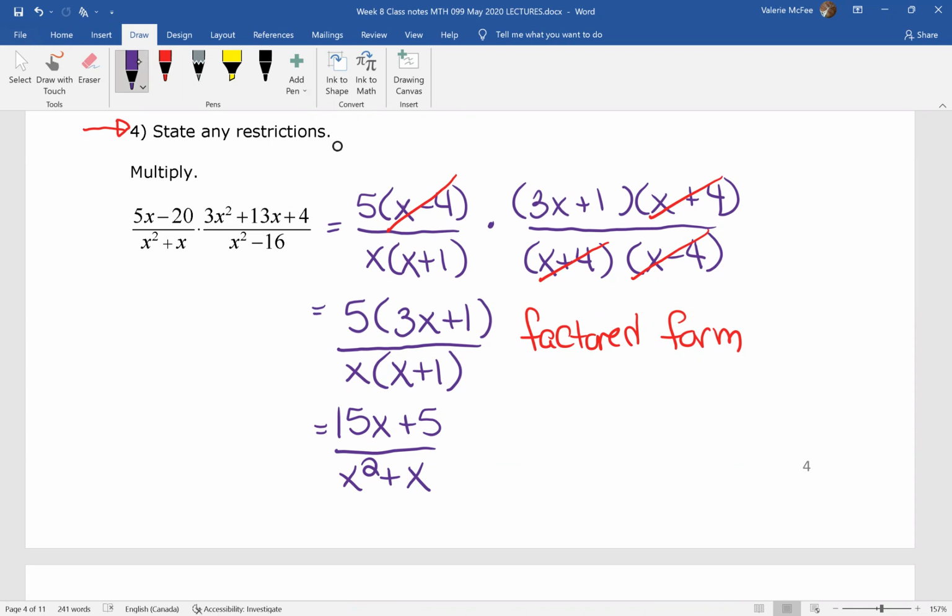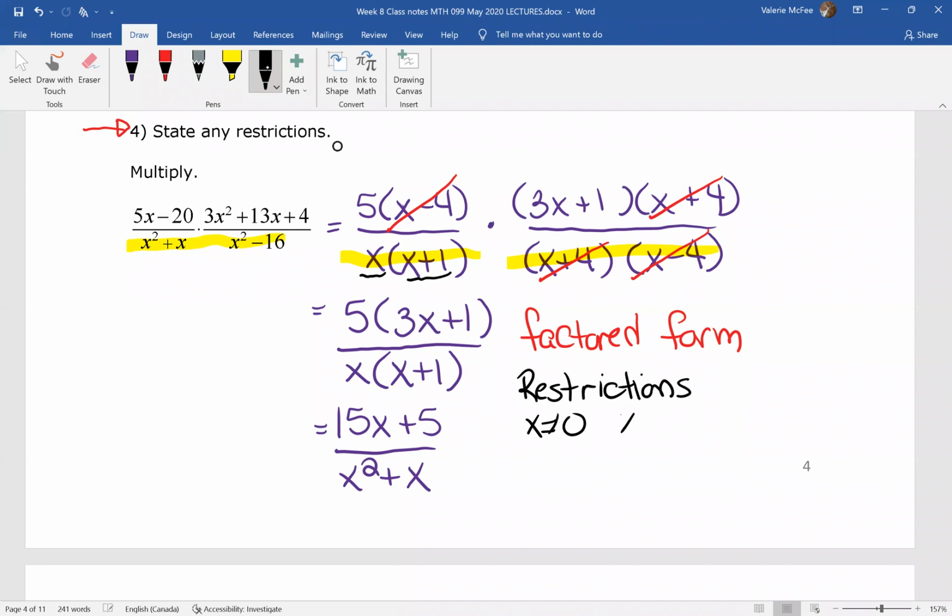Now, I said we wanted practice stating restrictions. The restrictions occur when the denominator is equal to 0. Now, we've already factored the denominator, so I just need to say that each of those factors cannot equal 0. So we're looking for our restrictions now. We're going to start with that first factor. X cannot equal 0.